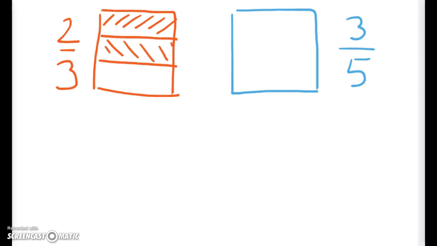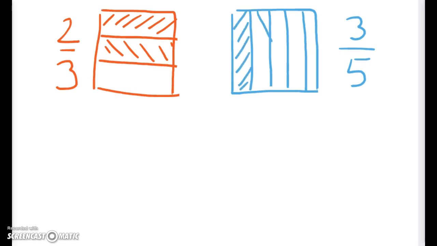Does that make sense? In the blue class, the cake was divided into fifths. So let's do these vertically where the others were done horizontally. Okay, I haven't made them exactly equal, but I think you get the idea. So we need to zigzag 3 strips to show 3/5 of the cake was left.